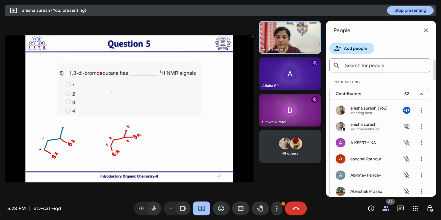We give numbering 1, 2, 3, 4. This is the structure of 1,3-dibromobutane. So how many proton NMR signals will there be?